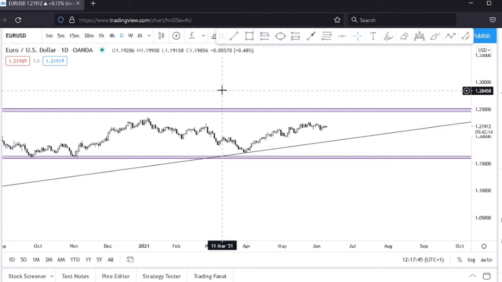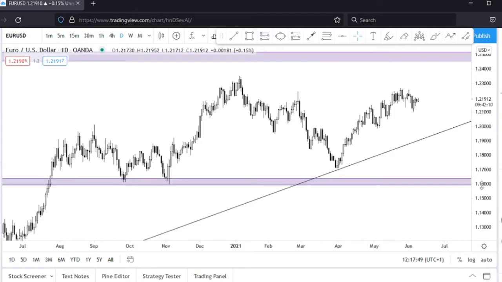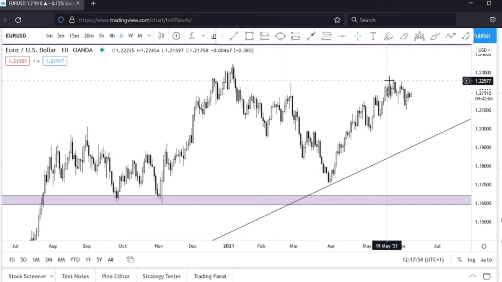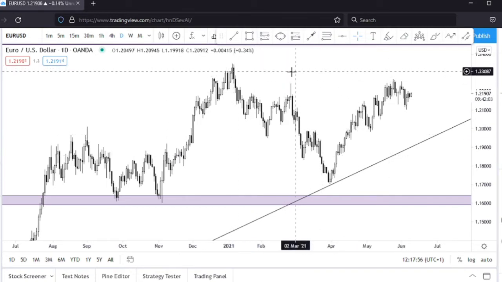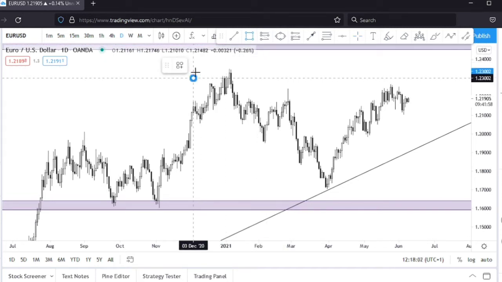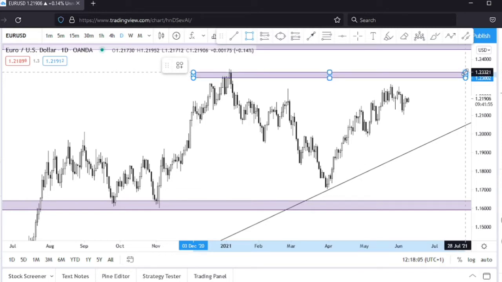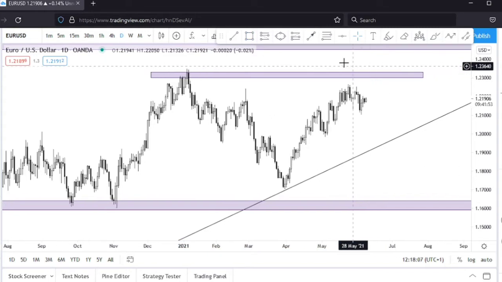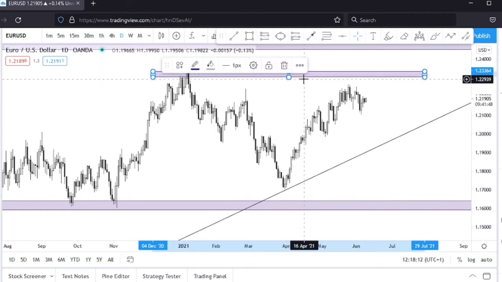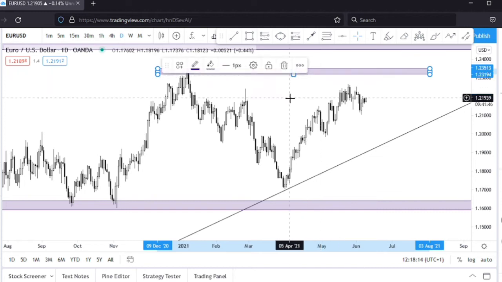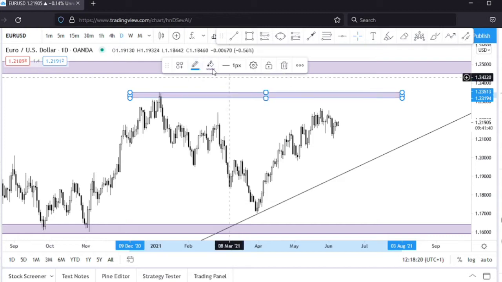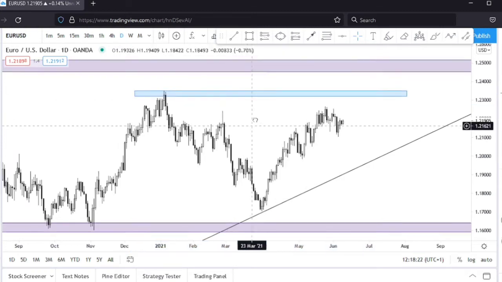On the daily time frame, you can see that price has currently failed to break above this previous high over here. So this is our daily resistance level, and let me just take this up here and change the color to blue.